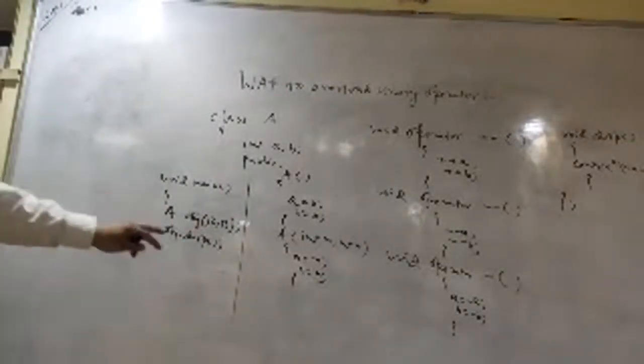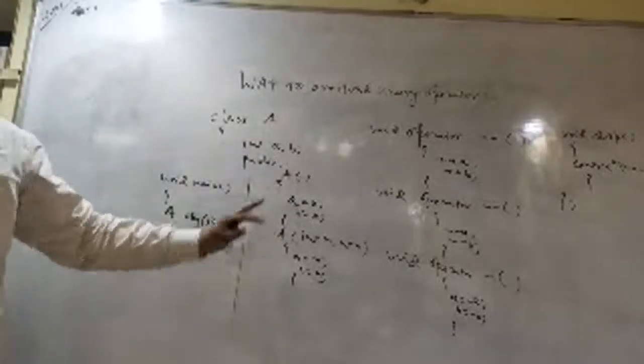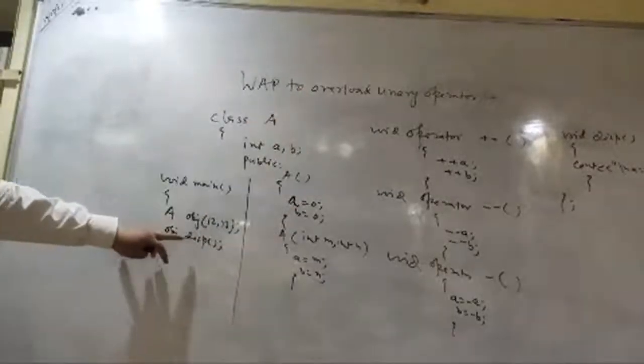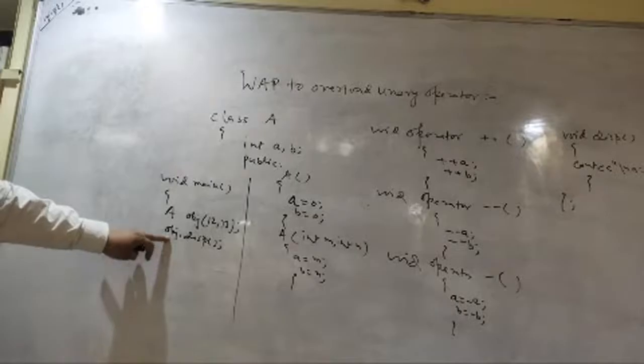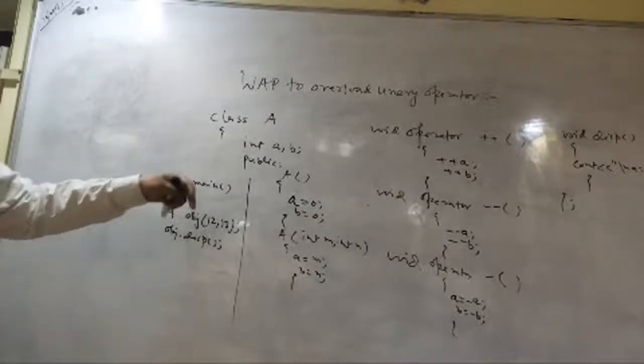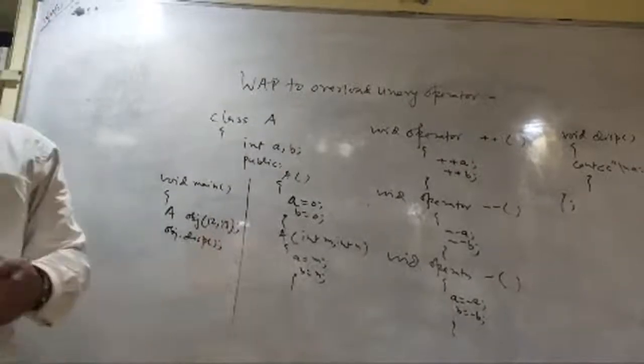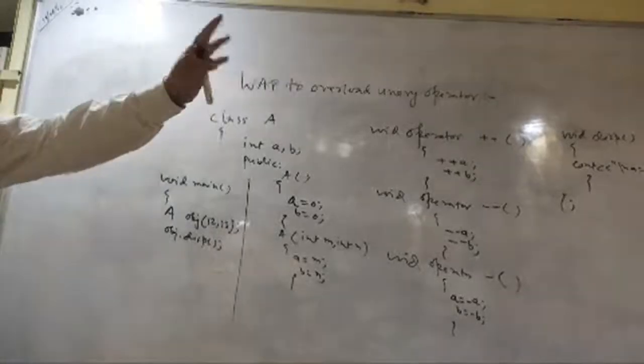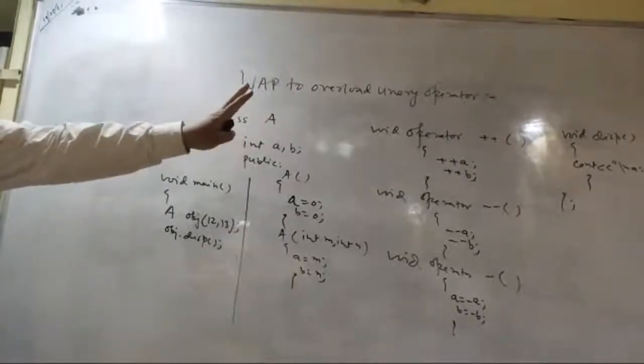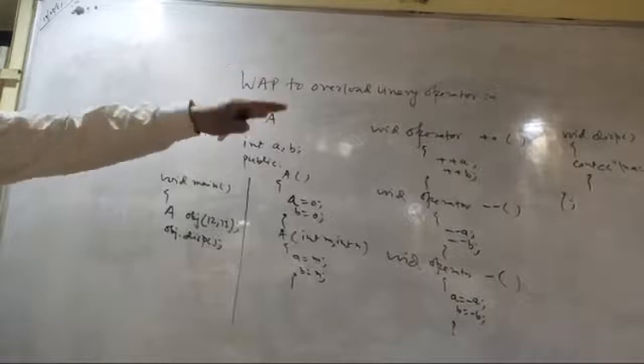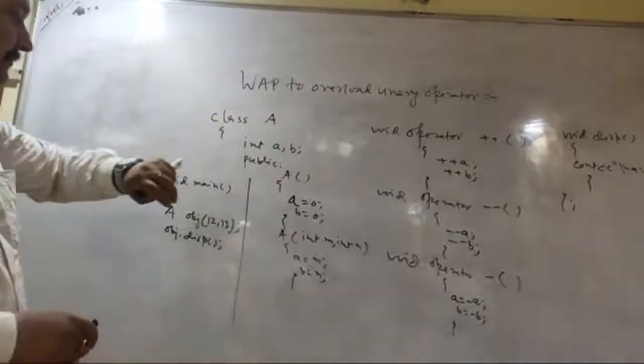So one time call the disp function to see the value of A and the value of B. After calling disp along with the object of the class, the values of A and B are displayed as 12 and 13, as per the format we declared inside the disp function.